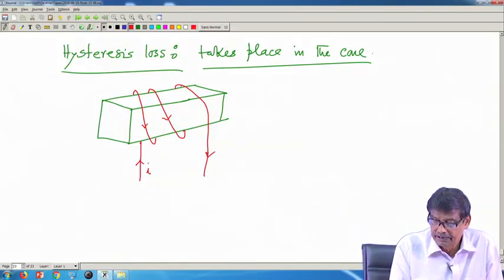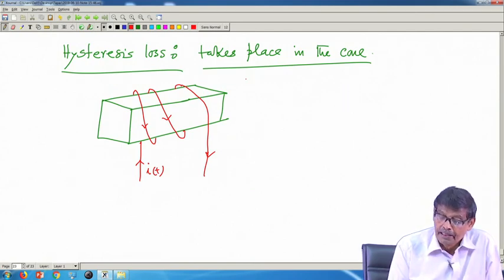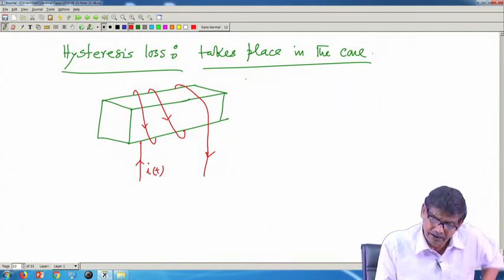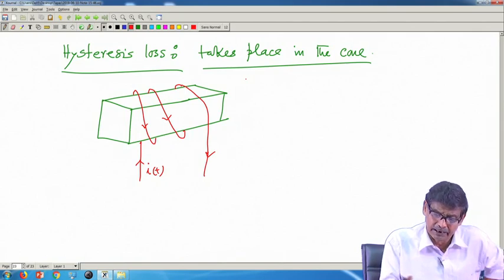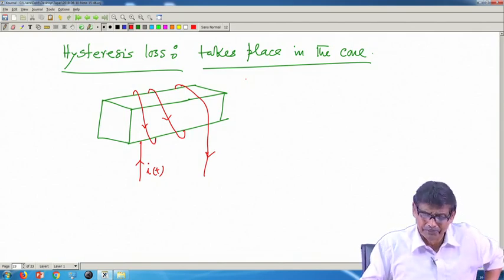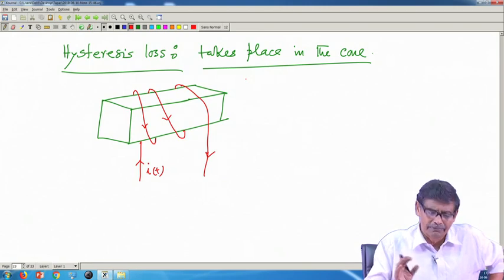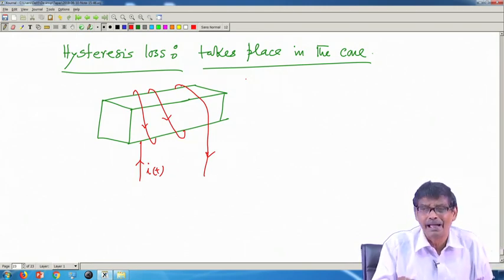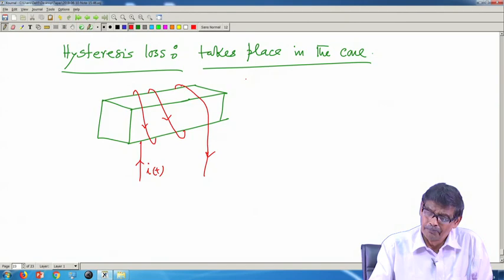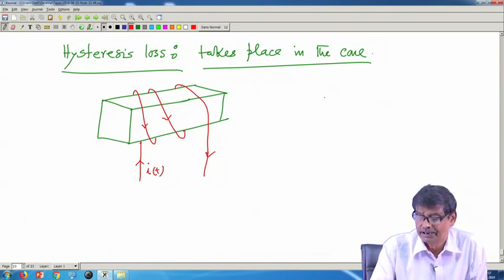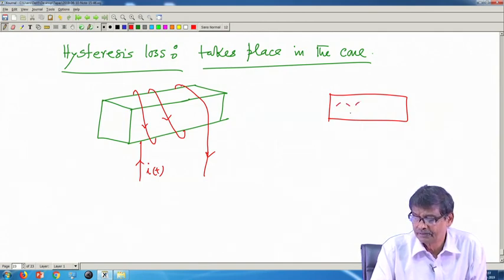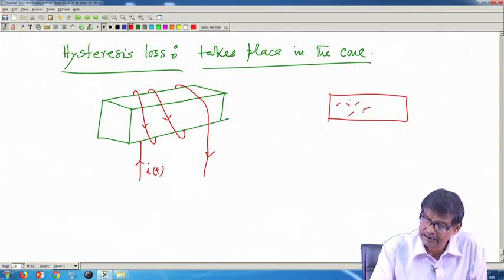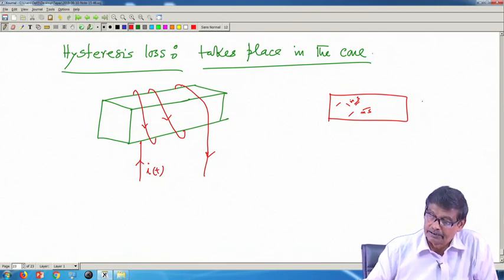If you pass current, then why does this core get magnetized? It is because of the fact that we will not go to the quantum level, but we can understand there are tiny magnets, molecular level small magnets, in any ferromagnetic material like this, north south, tiny magnets already existing in a ferromagnetic material.